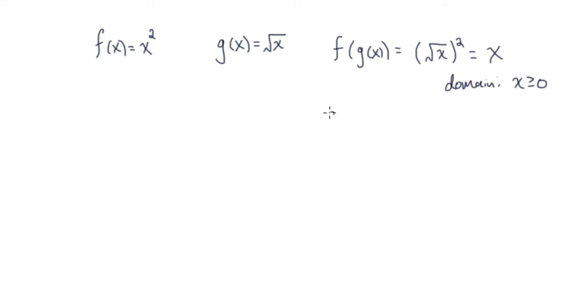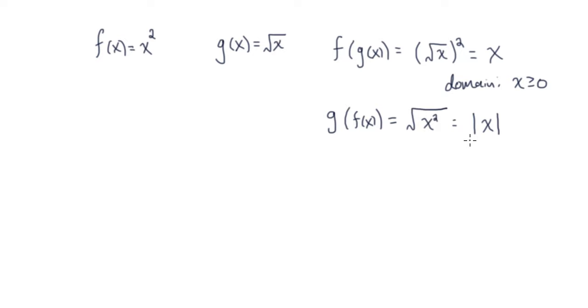So what about g of f of x? Well, this is going to be the square root of x squared. And now what is this? This is something that we've already seen. This is the absolute value of x. Now the domain of this function is going to be all real numbers, but actually the range is what's interesting.